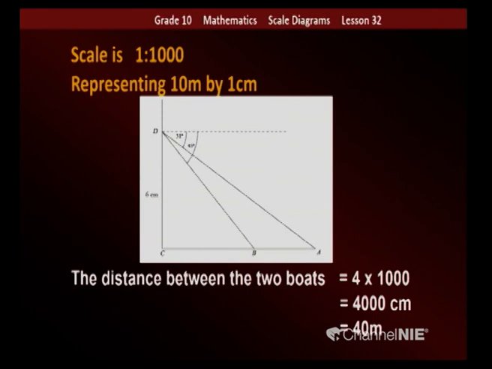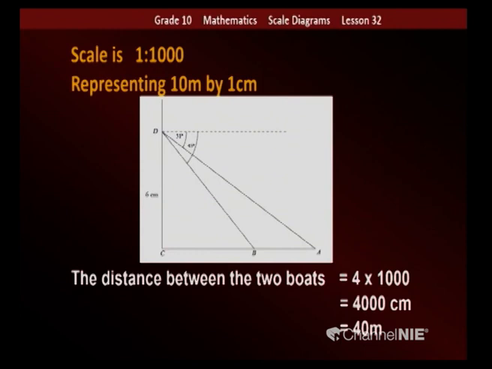Yes, 1 to 1000. Why is it 1000? We are representing 10 meters by 1 centimeter. 10 meters we convert into centimeters by multiplying by 100. So, I get the ratio as 1 to 1000.